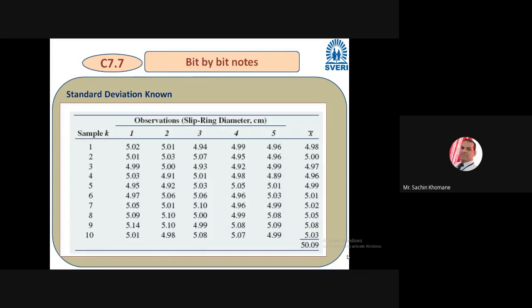Yes, done. I hope you have written the example. So by referring to the same readings, we can go for the next numerical also. So write these values correctly.